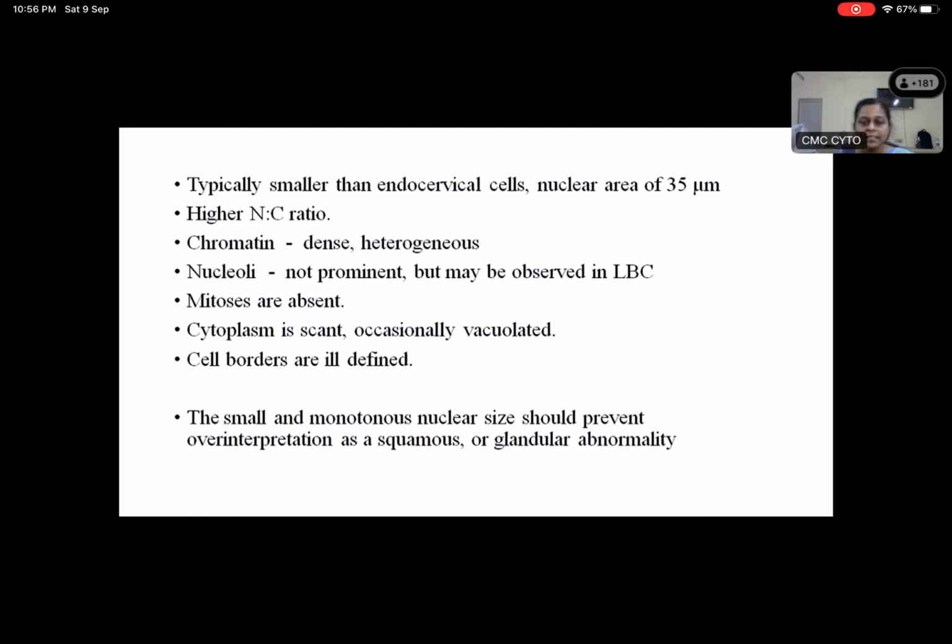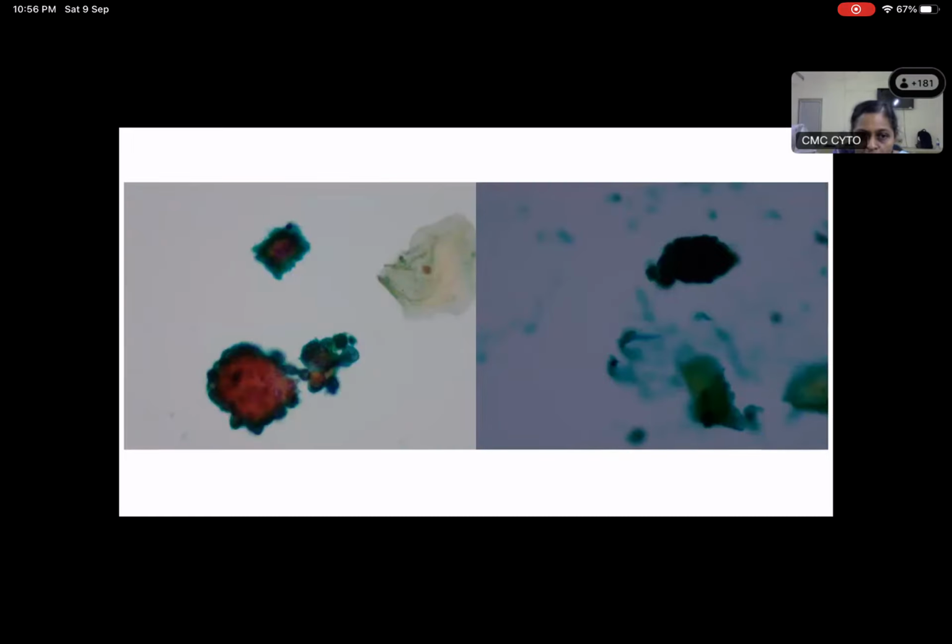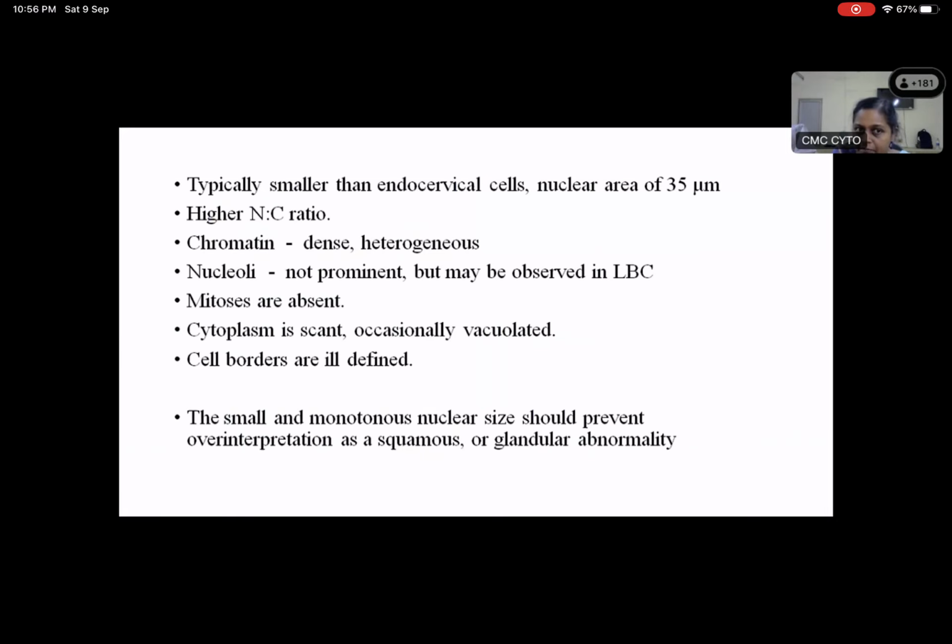So now these cells, if you have to look at the morphology and describe them, they're typically smaller than endocervical cells. You can see that they're much smaller. These cells are really small compared to the endocervical cells that we saw earlier. Normally, they have high NC ratio. So most of the cell is actually occupied by the nucleus.